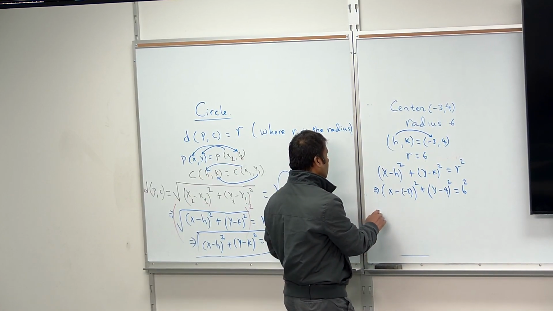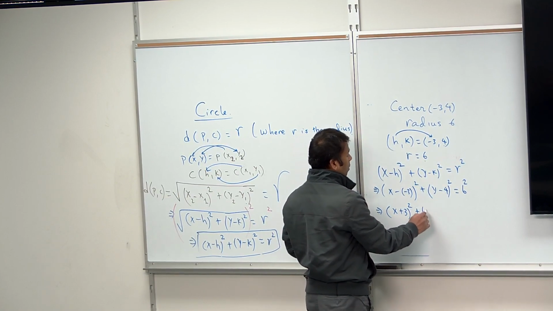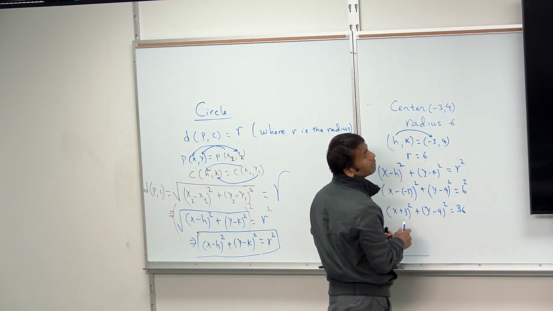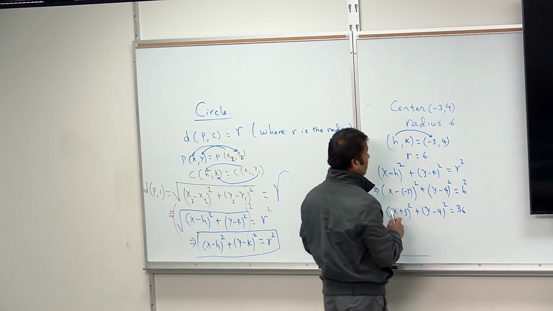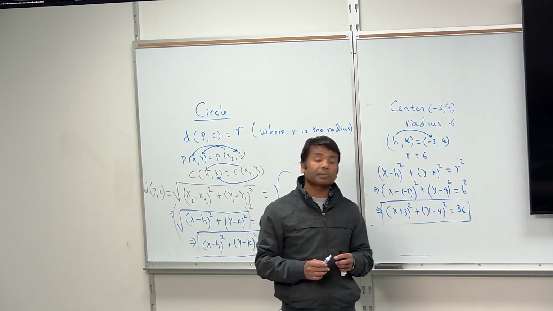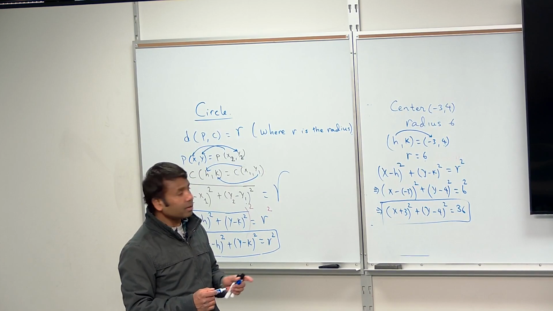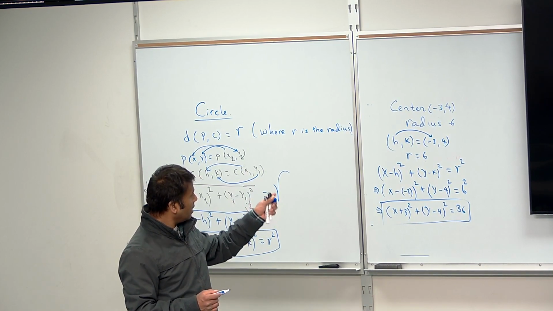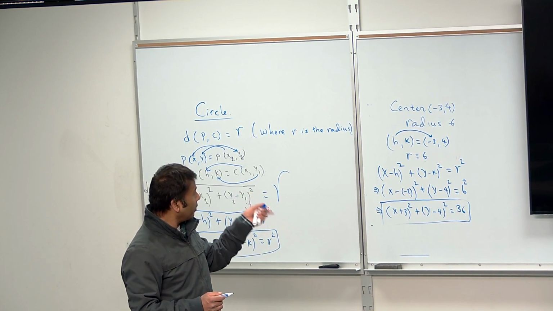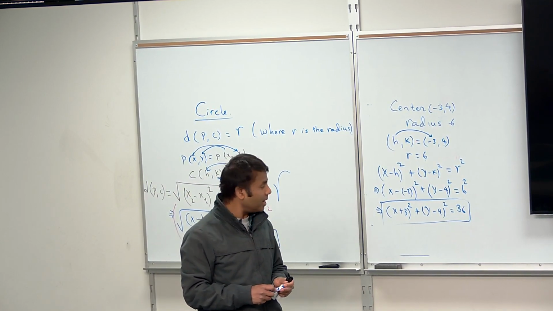So now it will be (x + 3)² + (y - 4)² equal to 6², which is 36. That's it. So this is the center-radius form of the equation of the circle having center (-3, 4) and radius 6 unit. Did you get it?